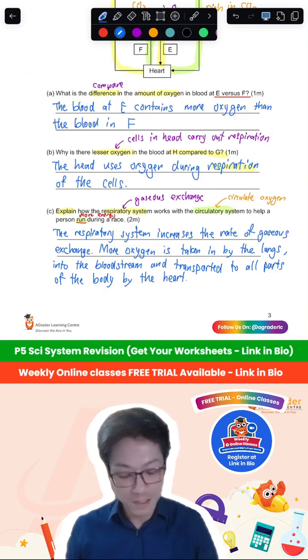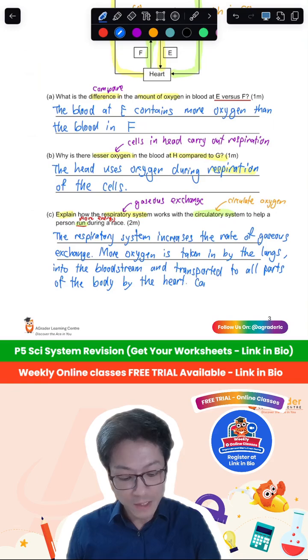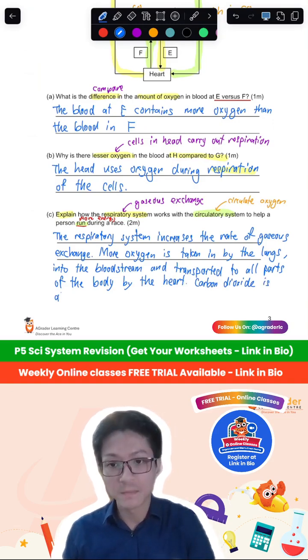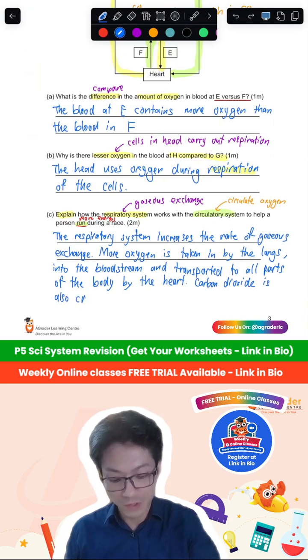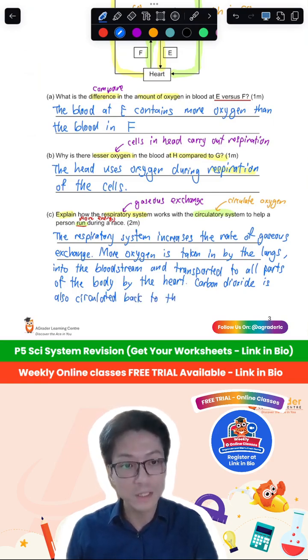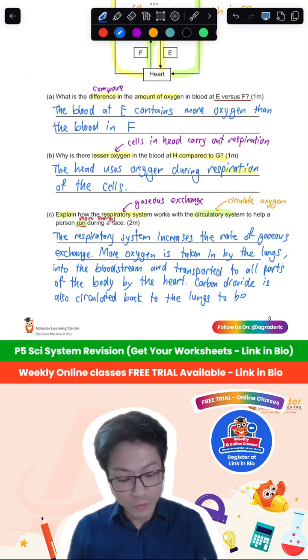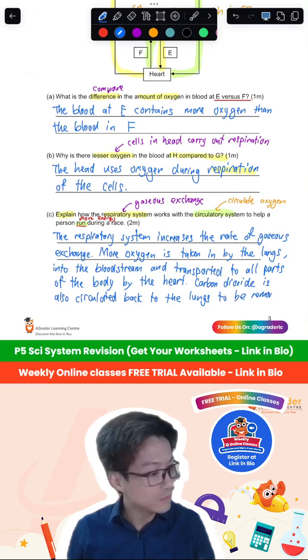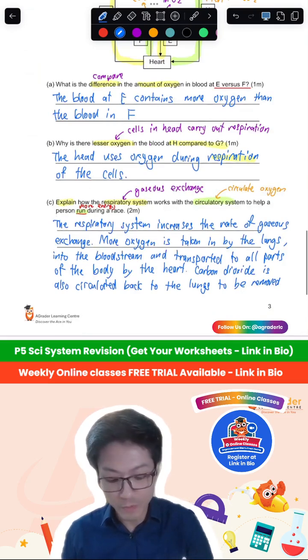Okay, then after that, talk about carbon dioxide also. Okay, circulated back to the lungs. Okay, to be removed. Can you all see or not? I think can. Okay, to be removed faster.